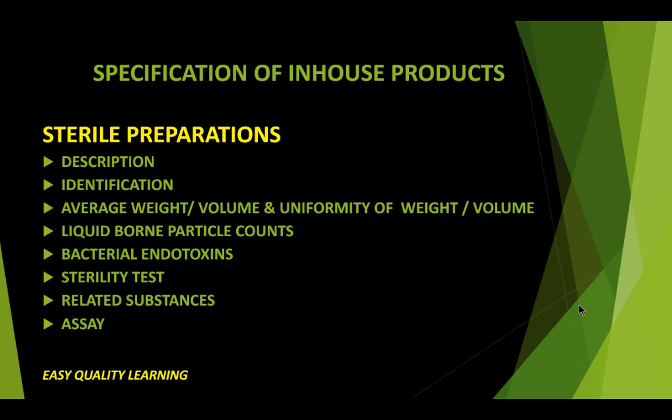That is description, identification, average weight or volume, uniformity of weight or volume, liquid borne particle counts, bacterial endotoxins, sterility test, related substances or assay. So this can be the part of your specification. As compared to your non-sterile dosage forms, sterility test, bacterial endotoxin test and liquid borne particle count are the additional tests added to this particular dosage form.